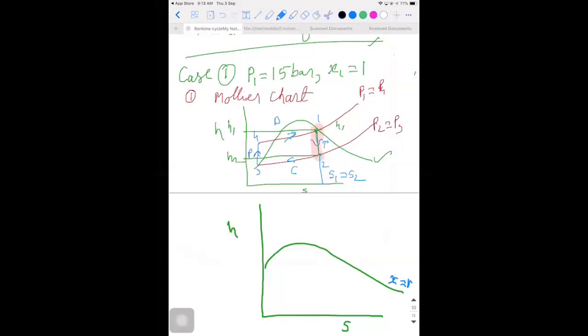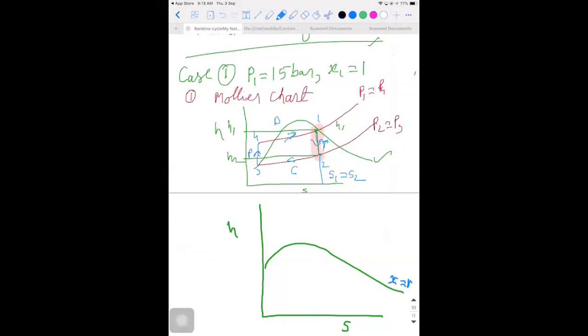So first of all, how to identify state 1? For this, you draw P1. Once again, the pressure levels are between boiler pressure and condenser pressure. The turbine operates between boiler pressure and condenser pressure.